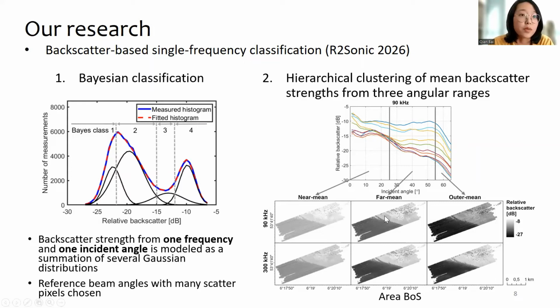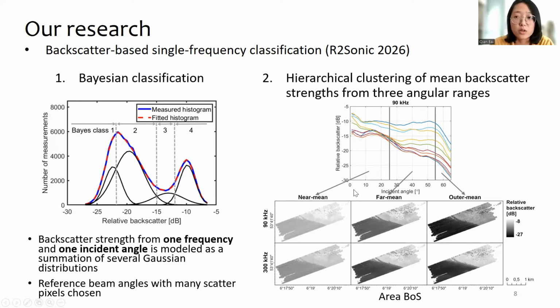I also need to mention that because this is unsupervised classification, we select the number of classes in the Bayes classification based on the goodness of fit of these Gaussian distributions, and based on that, we select the optimal number of classes in the hierarchical clustering.